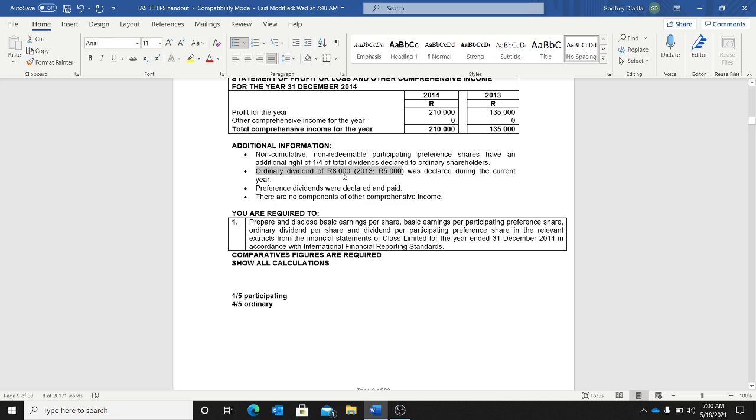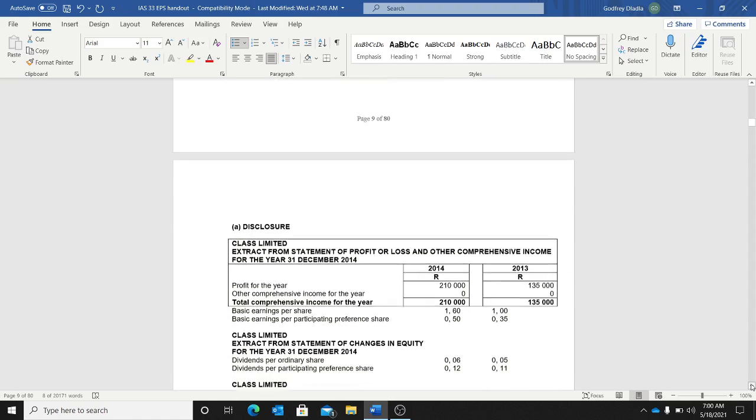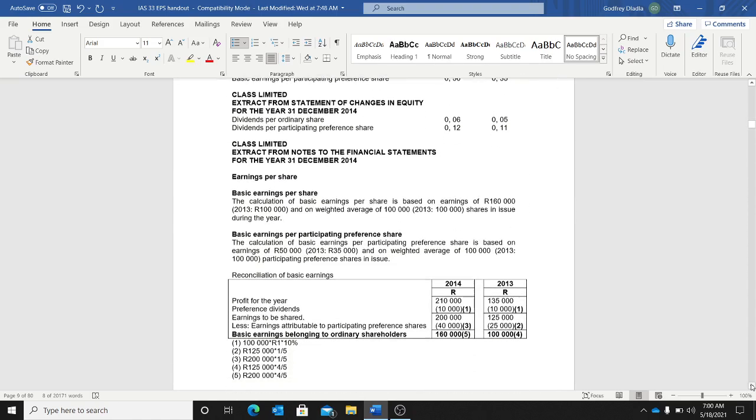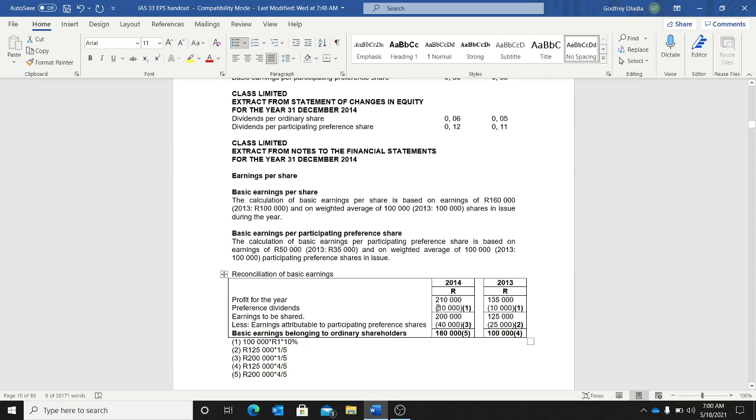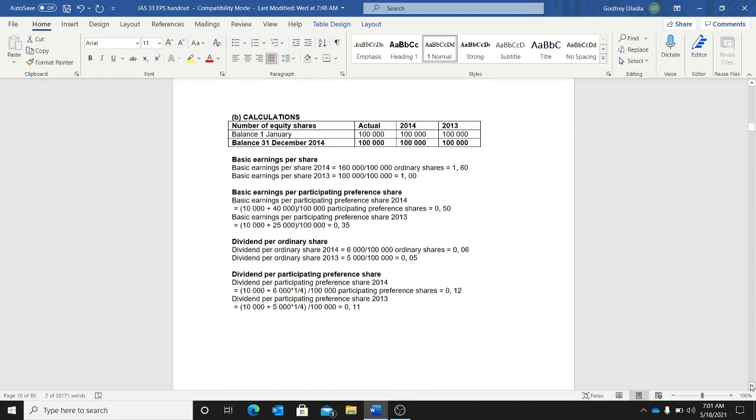6,000. So they are going to get a quarter of 6,000, a quarter of 5,000, in addition to the 10,000 that they got here. This 10, they get the 10 here, under number 1. And then on top of that, they get that quarter of the ordinary amount that is declared.